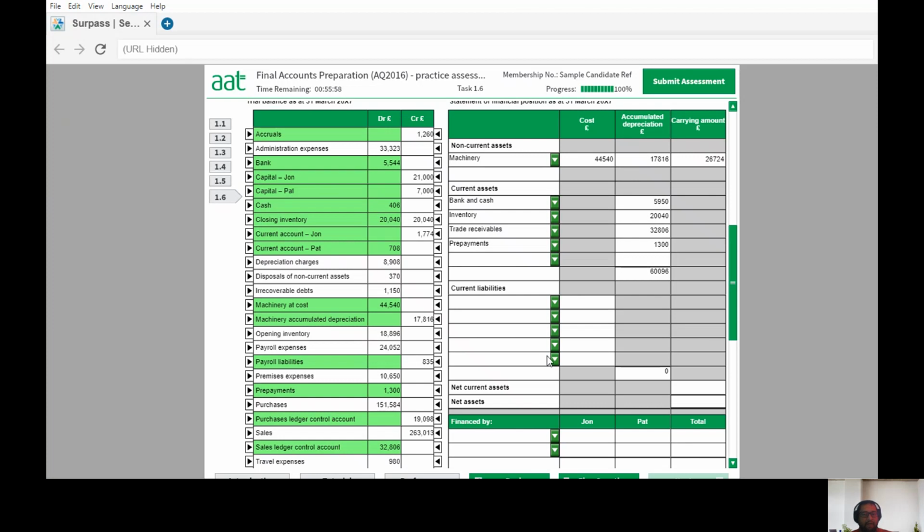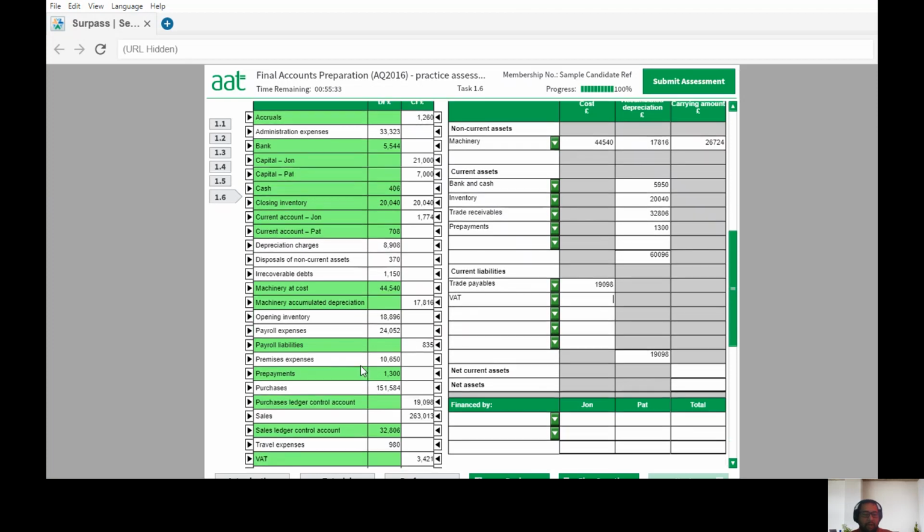And what are the liabilities we have? We have the purchase ledger control account there. So let's go to trade payables. Trade payables is 19,098 pounds. Is that 19,000? 98, yeah, 19,098. You have VAT for the amount of 3421.